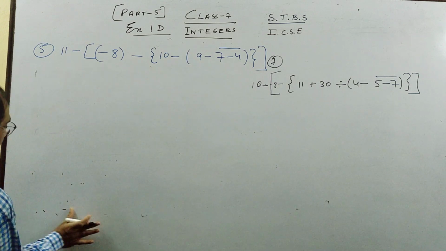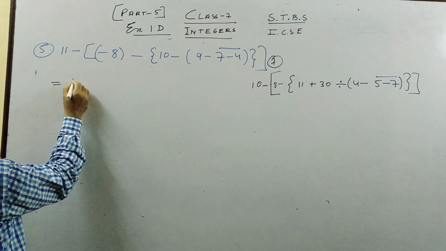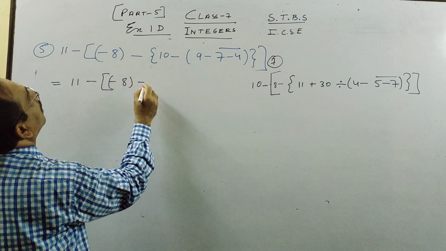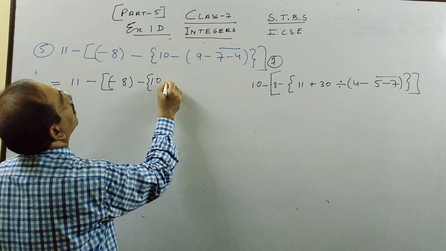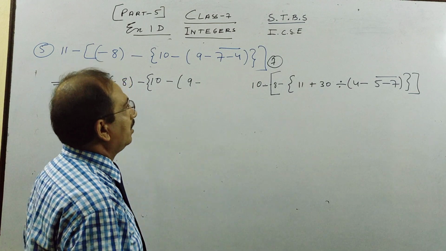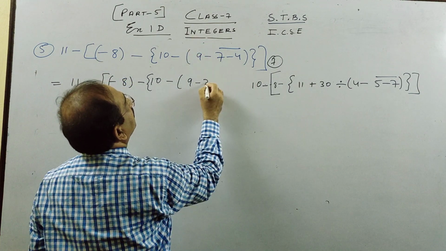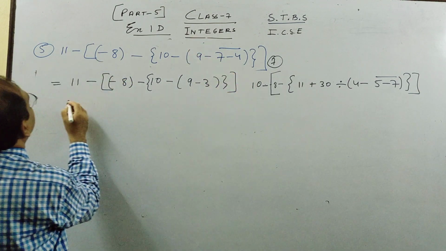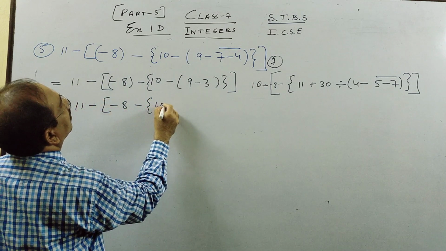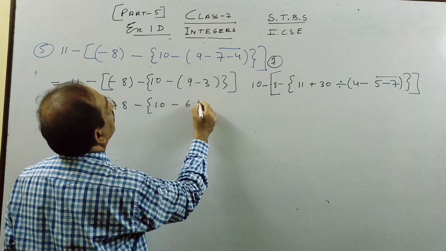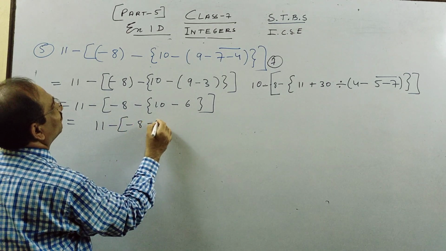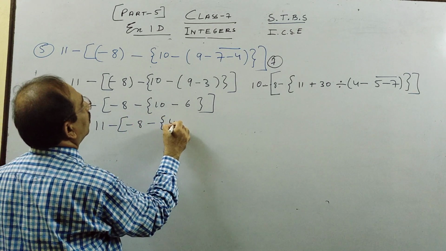So here we start. A lot of copying you have to do, children. Here it becomes 9. 7 minus 4 is 3. So again you copy. This is 6, so the small bracket goes. This is 4.